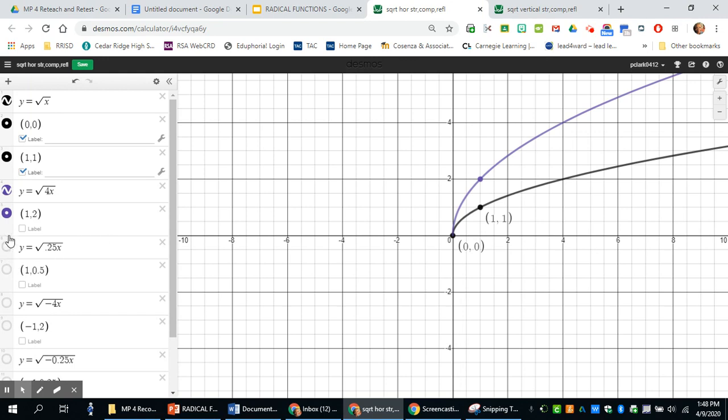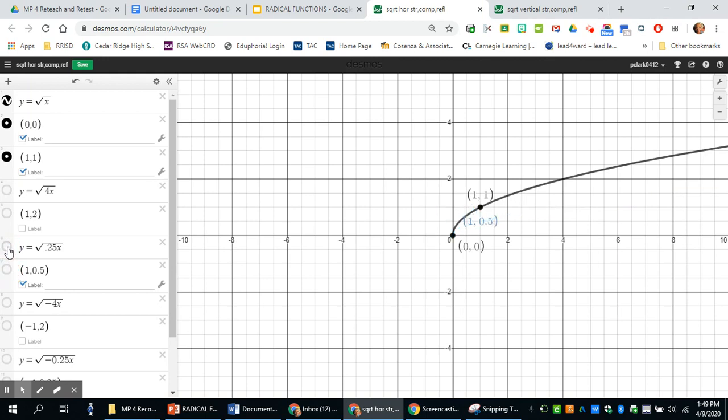If I do a horizontal stretch by 4, then I end up with a reference point of 1 and 1/2.